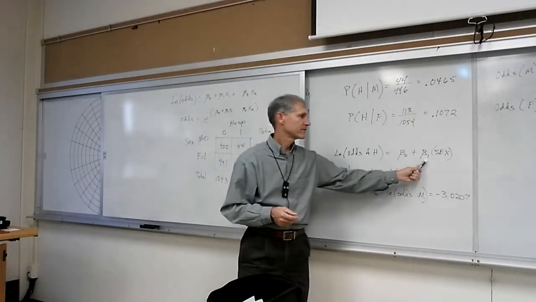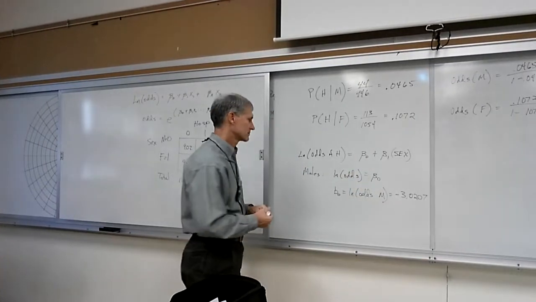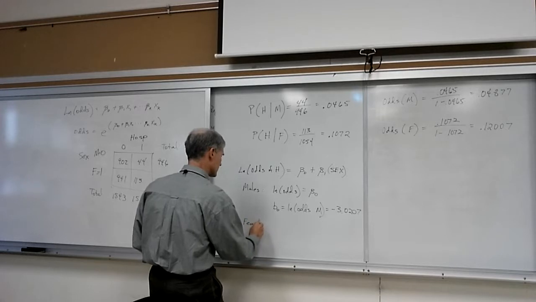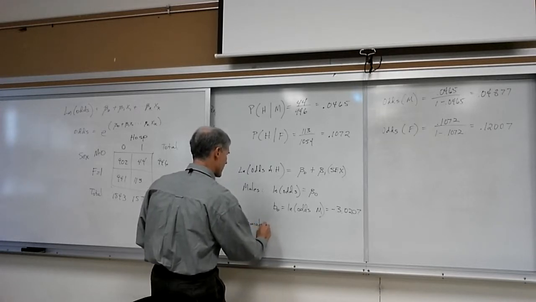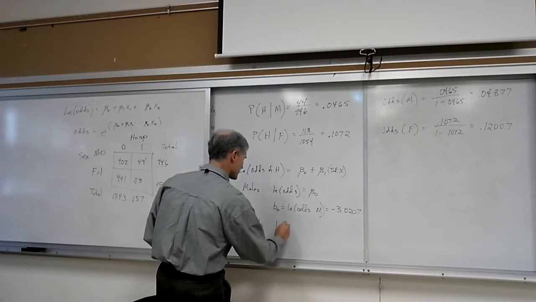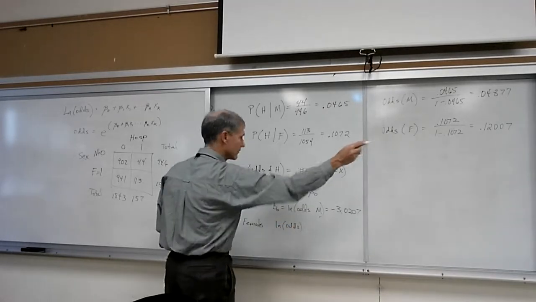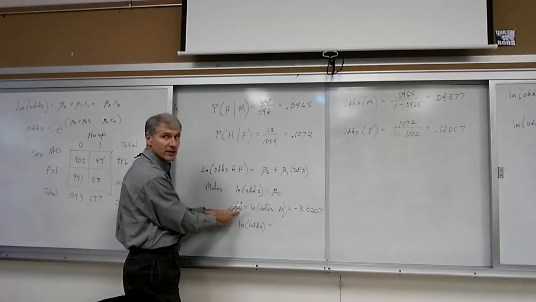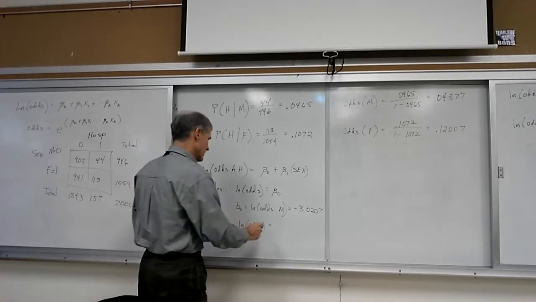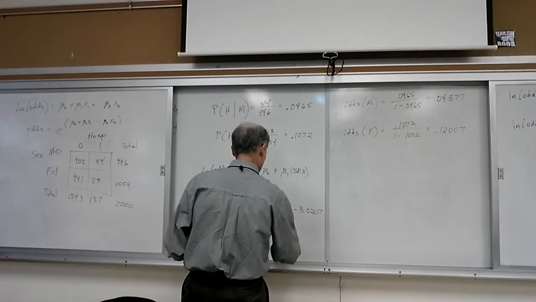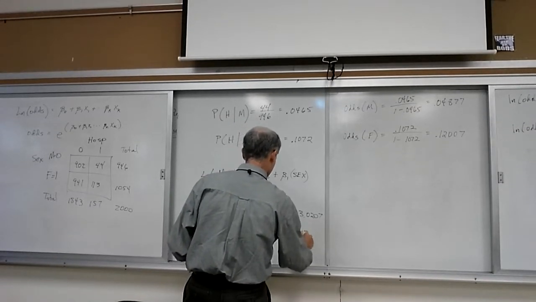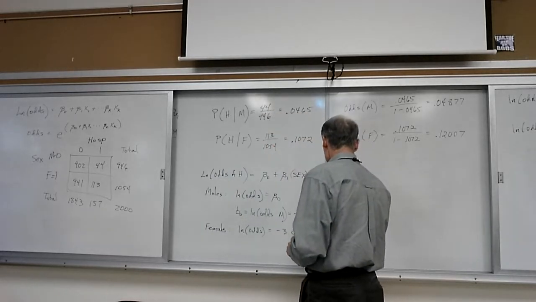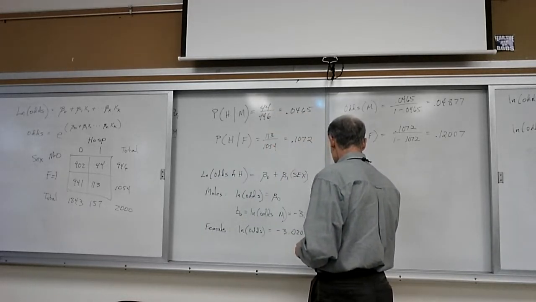Now, find B1. Well, if I do females, the log odds, which I have a value for over there, is equal to B0, which I already know now. So B0 is negative 3.0207 plus B1 times 1.